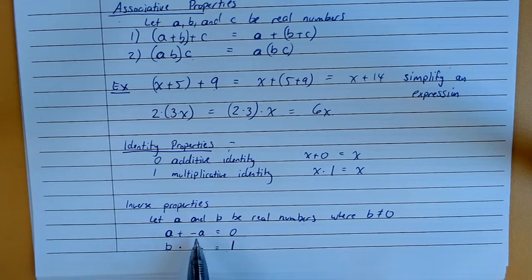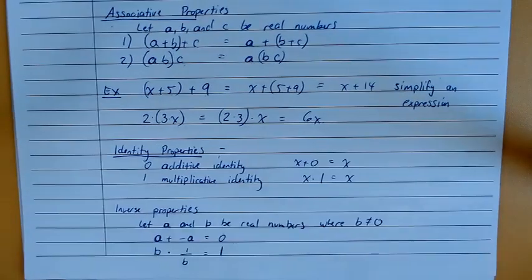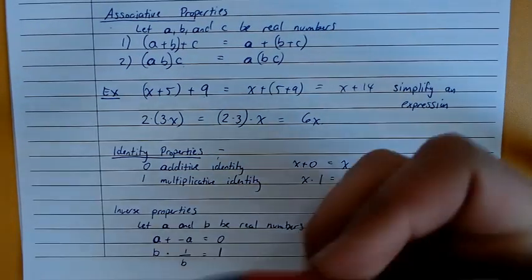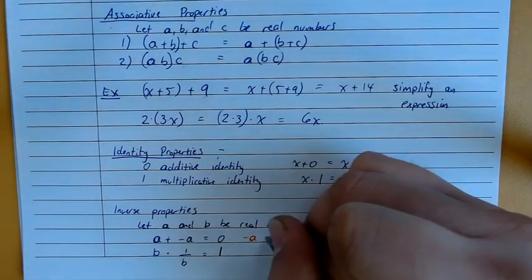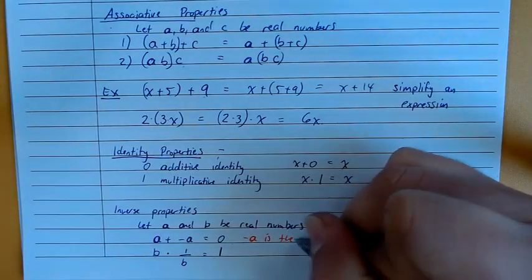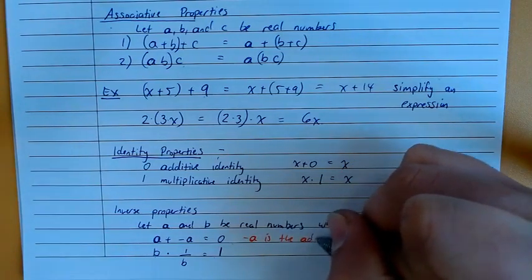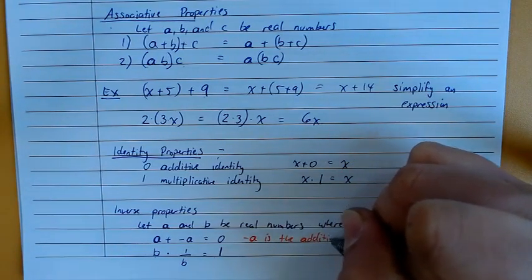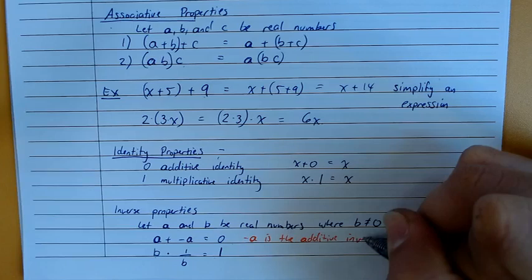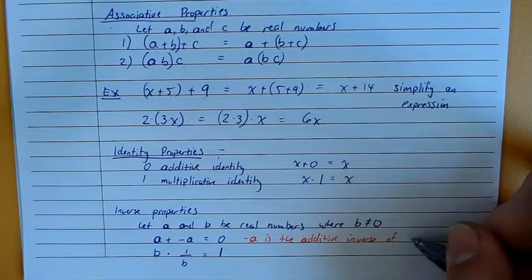Right? Here, this added to this gives you the additive identity. The way we say that is that this is the additive inverse. So here, a and negative a, so let's write it that way. Negative a is the additive inverse of a.